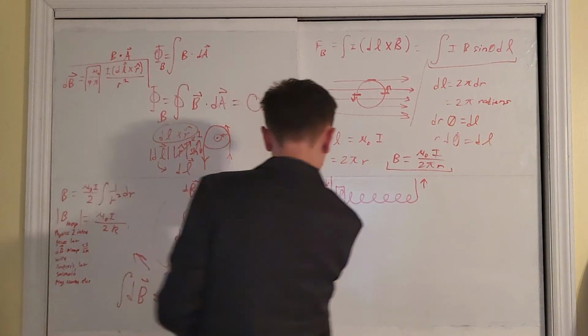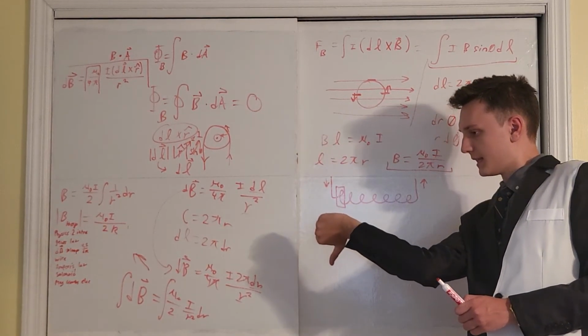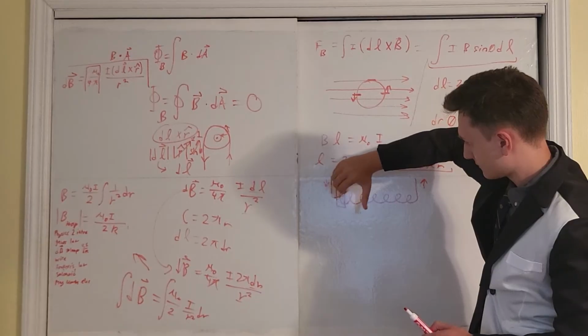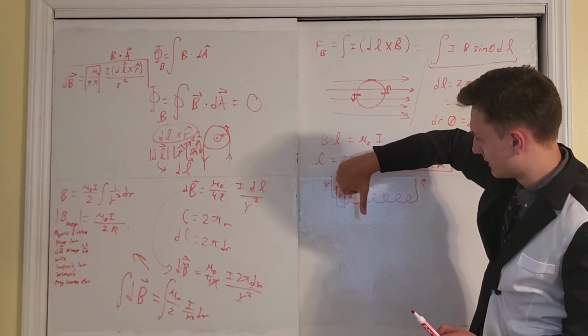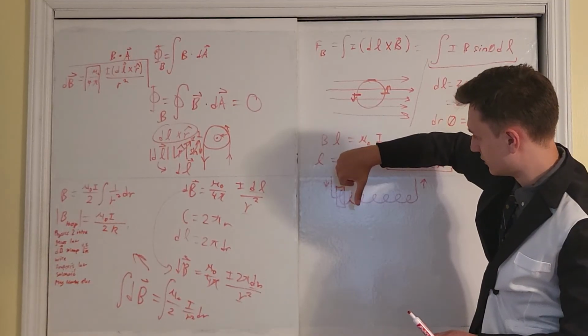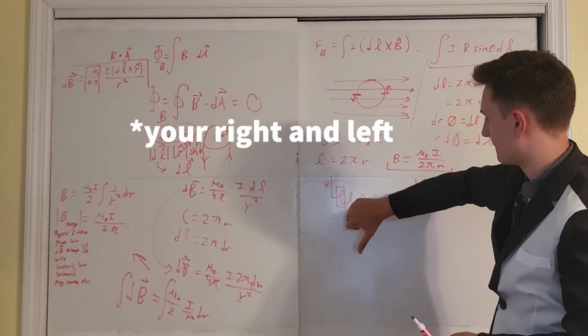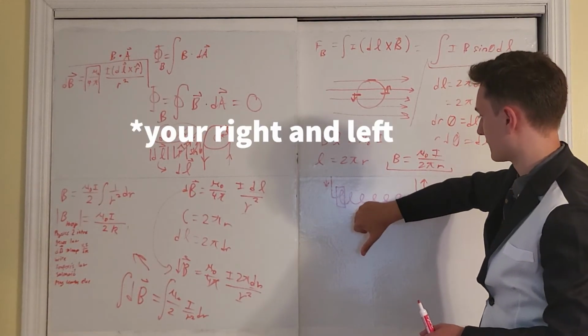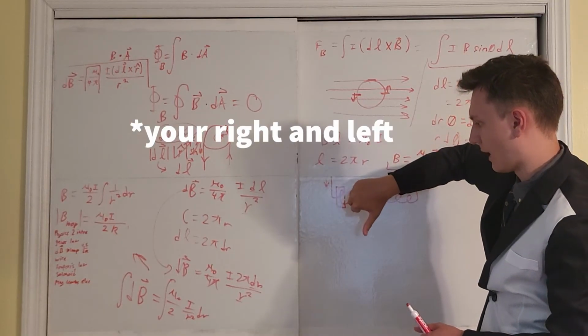So if I take my right hand and align it with the direction of current in that instance, I do my curling, and I'd realize that the magnetic field induced by that current is flowing to my right. Well, let me be more specific.